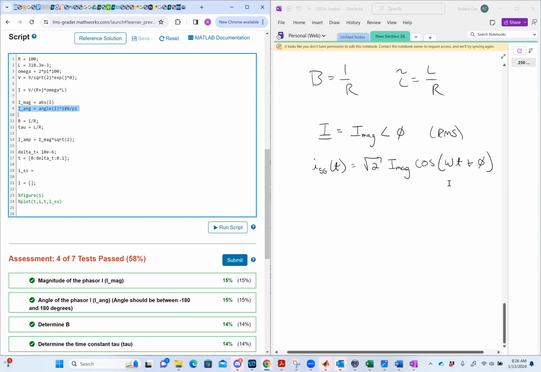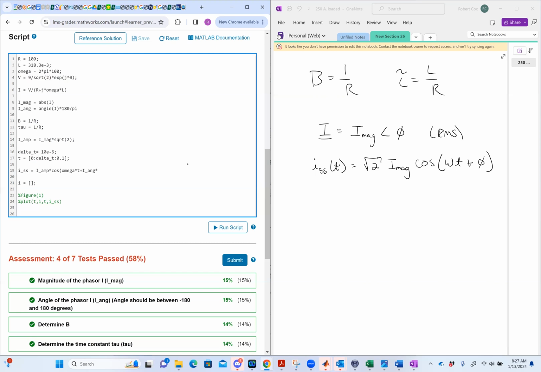I have to be careful about this: MATLAB assumes all trig functions are in radians. Here's how I'm going to do it. I'm going to say ISS is I amplitude times cosine of omega times the t vector I gave you. Now I have to add the angle of the current, but I have to make sure that angle is in radians, because it was in degrees.